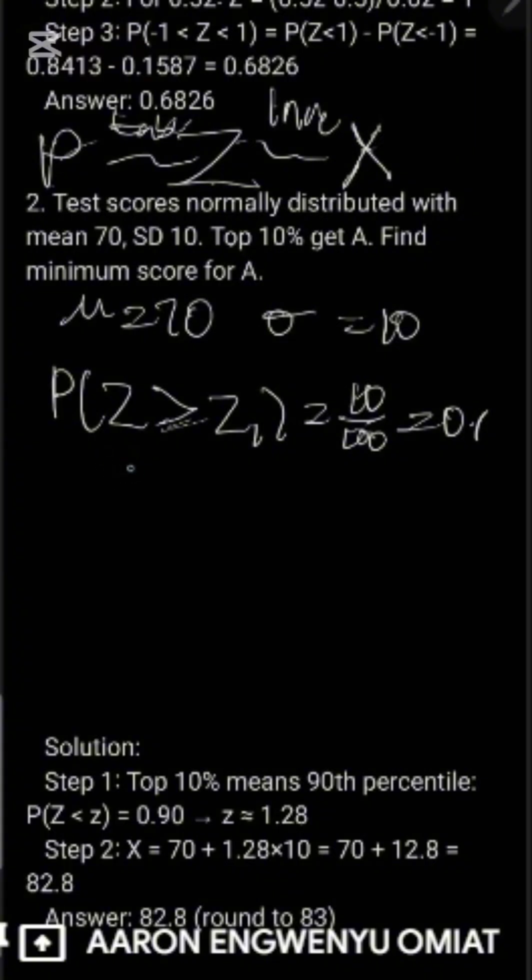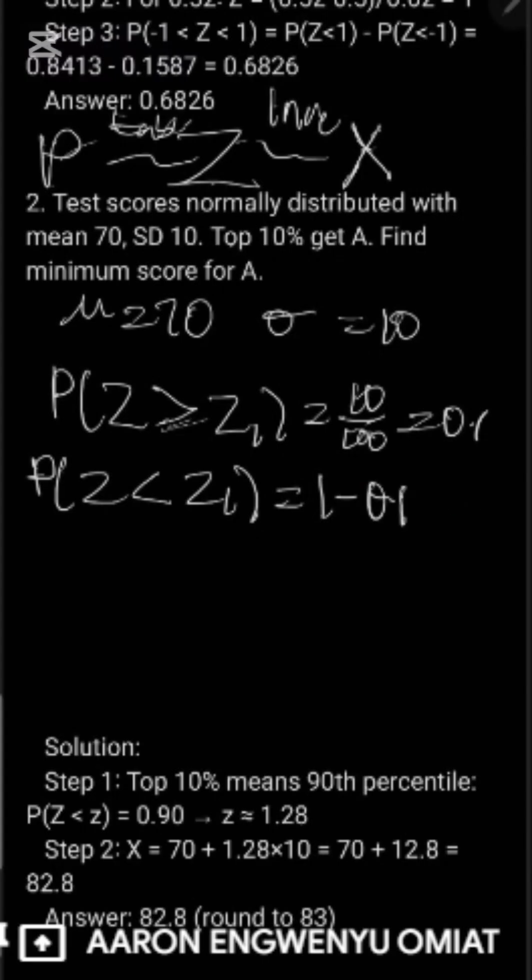Yes? What do you mean? Okay, how do you find probability of Z less than Z1? What is it equal to? It is equal to 1 minus 0.1, right? Which is 0.9. Okay, now we have the probability. So we go to the Z table. Here we are dealing with positive.